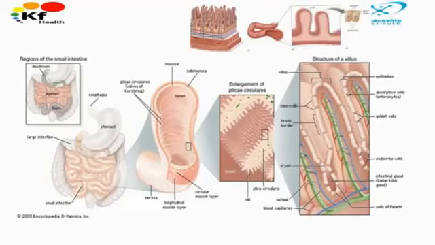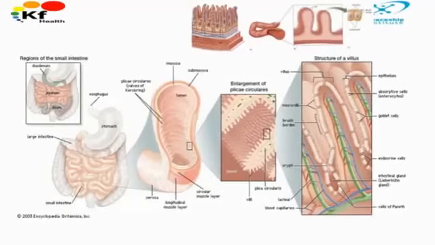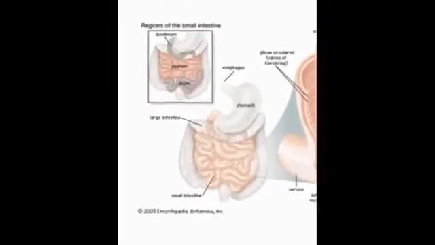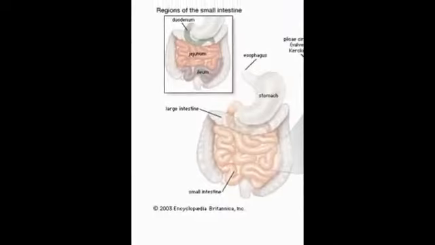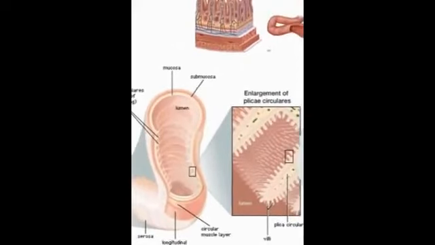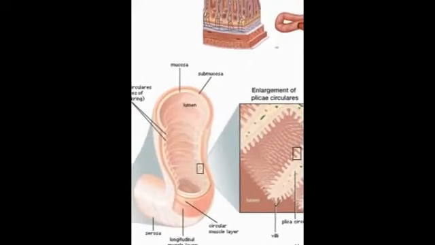That slide represents to you the anatomical structure inside of the intestines, the epithelium, and the structure of villi. Actually, the villi are the main structure inside of the small intestines, covered from epithelium, different kinds of cells.